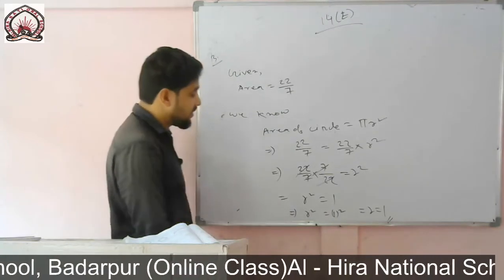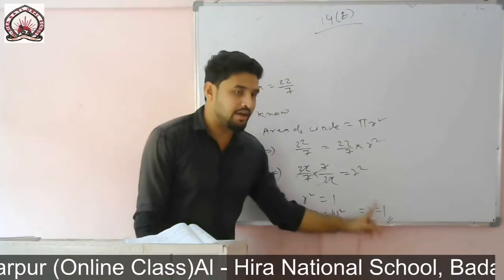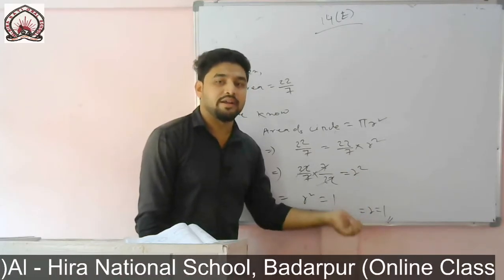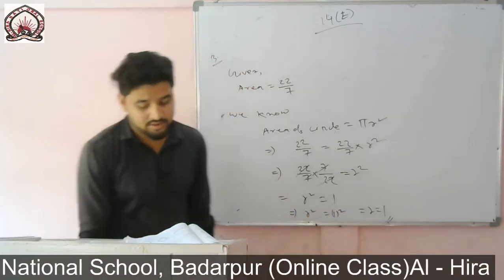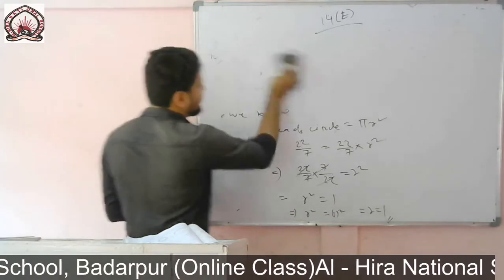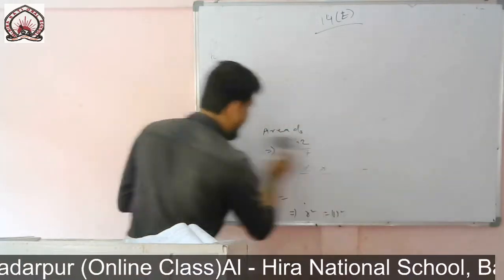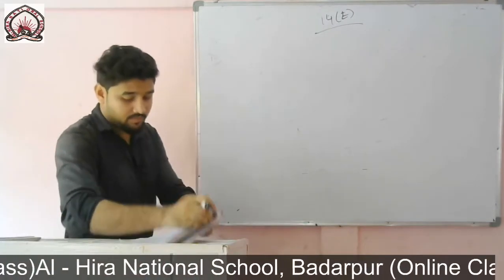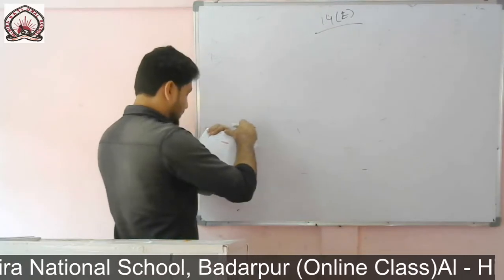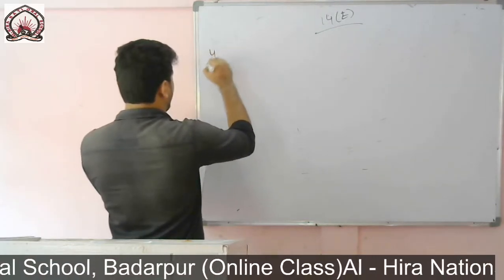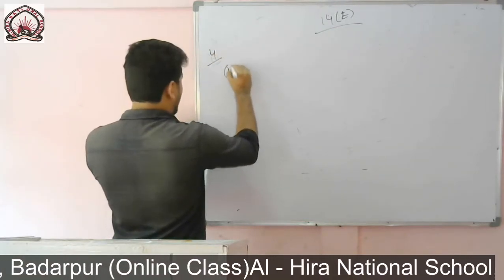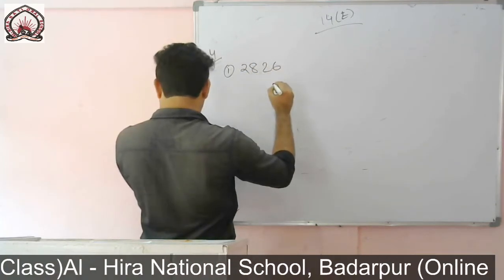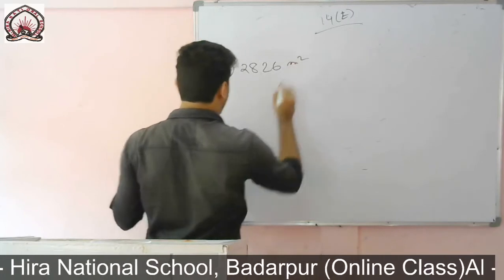As we found r in the earlier questions, here also we will first find r, and after that we will multiply the radius by 2, then we will get the diameter. So this is also easy. I am showing one, you can do the rest. Question number 4: the area is given as 2826 meter square.